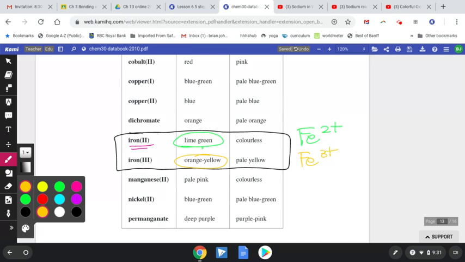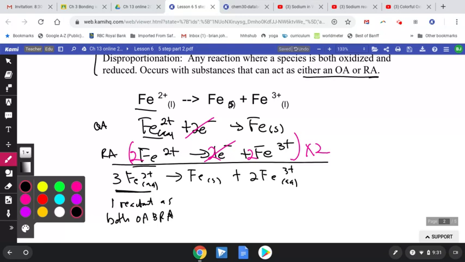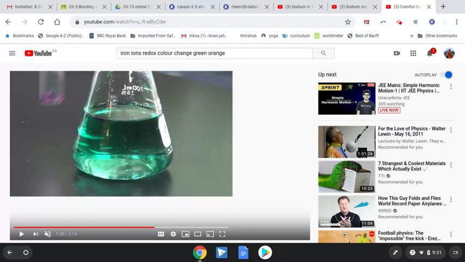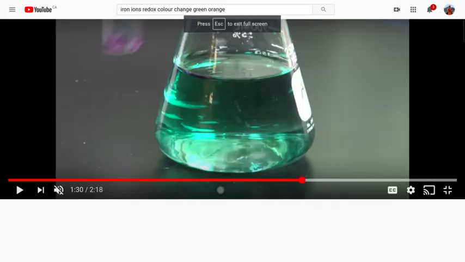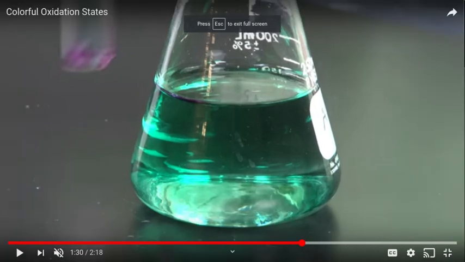So if we could get this reaction to proceed, starting with iron 2, it should go from green to yellow. Iron 2 green to iron 3 yellowy orange. So I have a version of this to show you. Here's what it would look like. So here's our iron 2 color.